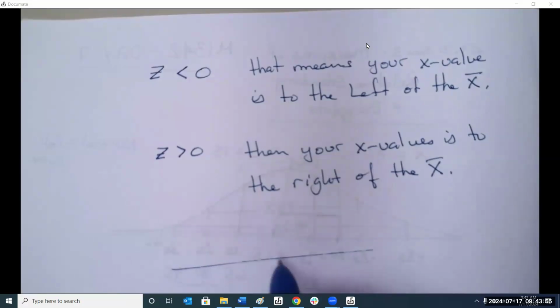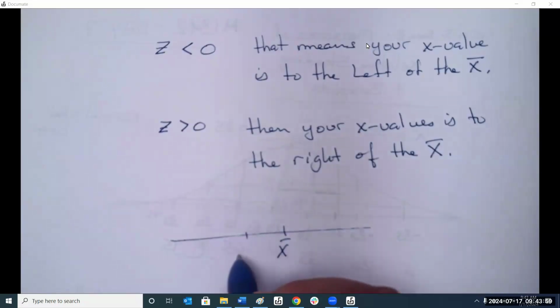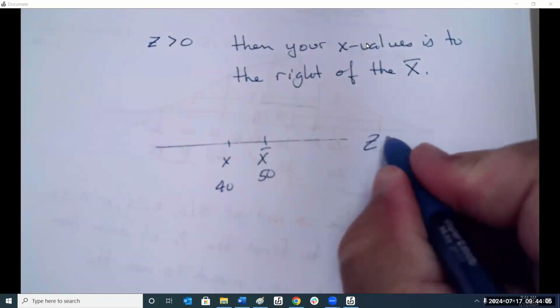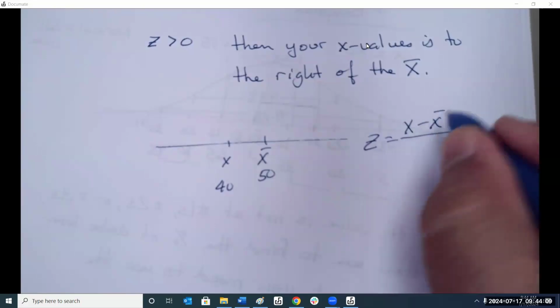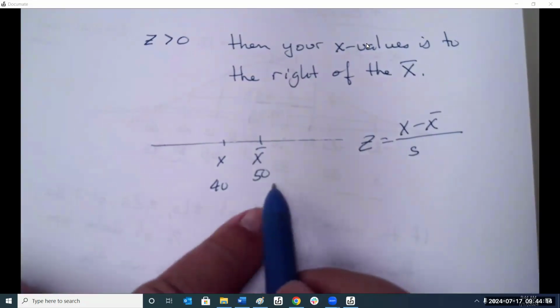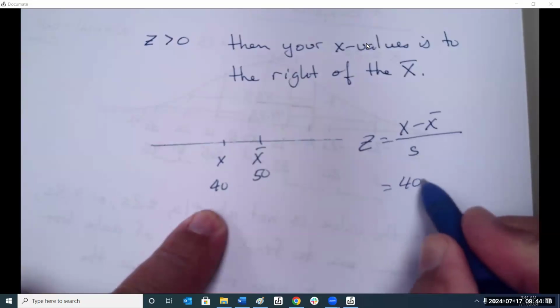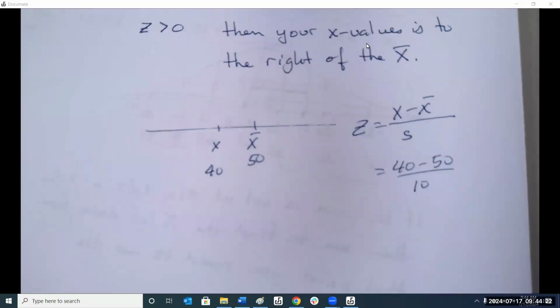Because if our mean is here and we pick an X value here, say the mean is 50, and we pick a number that's 40, look at the formula. The formula is X minus X bar. So since the X is lower than the mean, we'll get 40 minus 50 over whatever our standard deviation is.